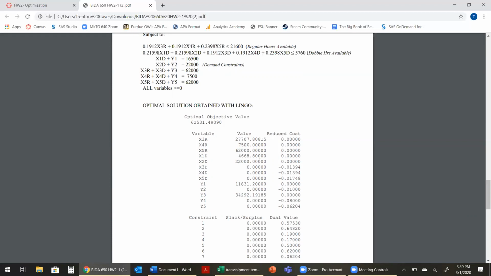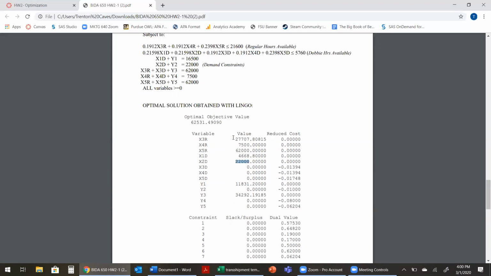the production schedule. So you can say fabric 1 will have 4,668 units produced on Adobe looms and 11,831 yards purchased. Fabric 2 is going to have 22,000 units produced on Adobe looms.